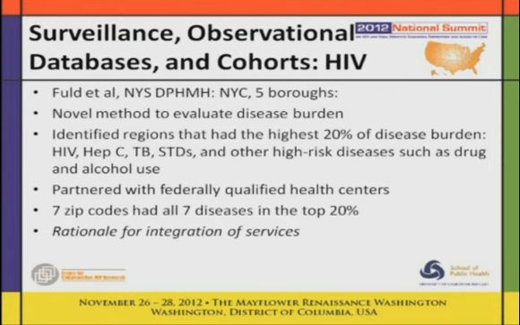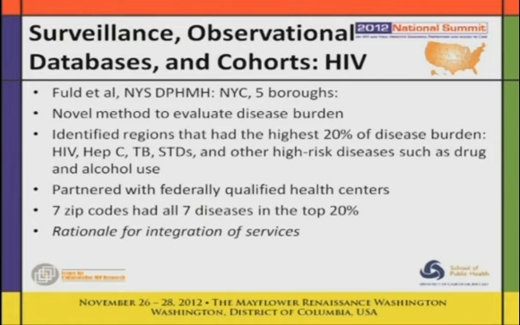So this next study was from the New York State Department of Health, where they looked at 5 city boroughs in New York City. This was really a new method to look at disease burden, identifying regions that had the highest disease burden on a map, and looked at 7 diseases, including HIV, TB, STDs, Hep C, and mapped the areas that had the highest 20%.